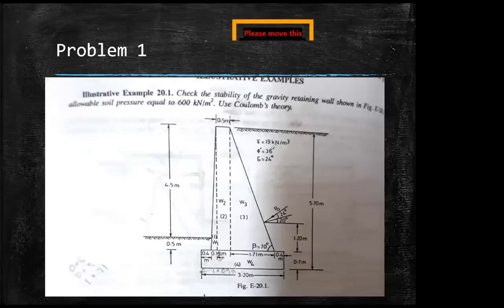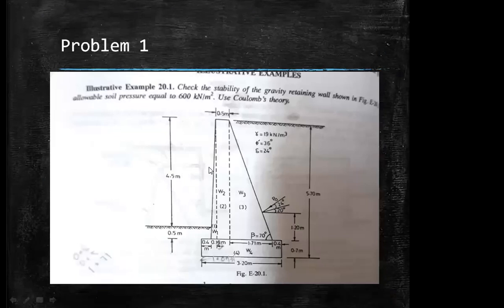So phi dash, listen all of you. Listen carefully. Phi represents the angle of internal friction. Delta represents the frictional angle.